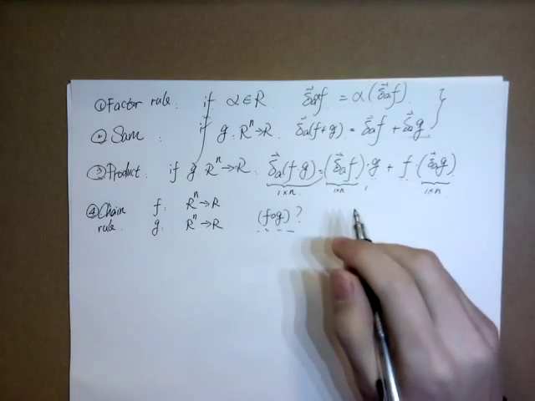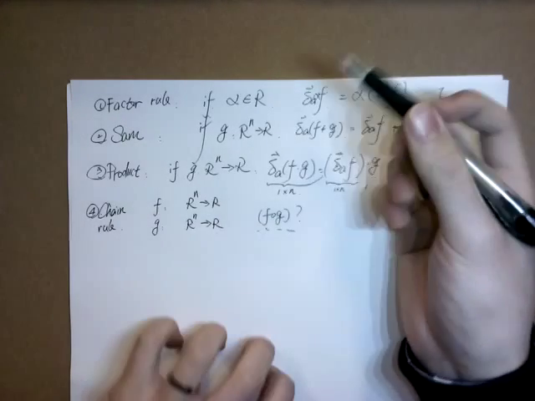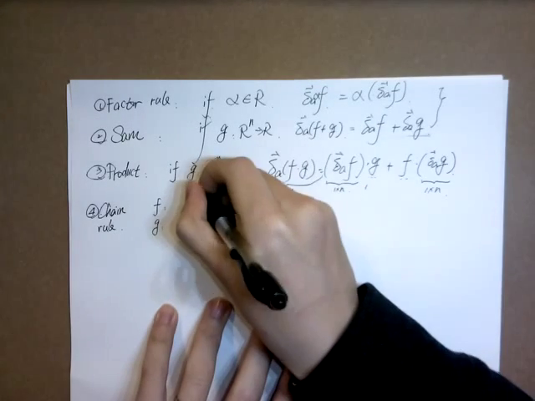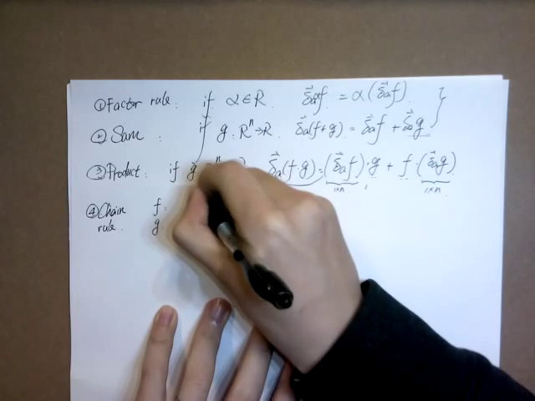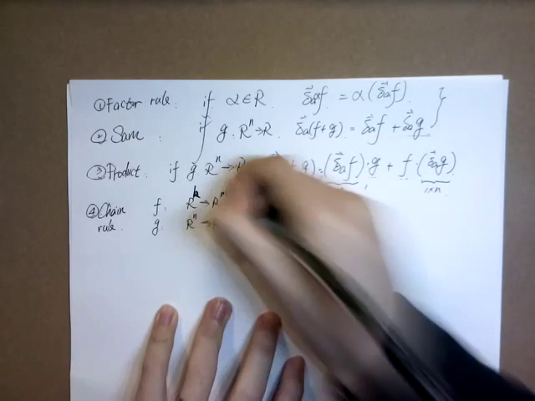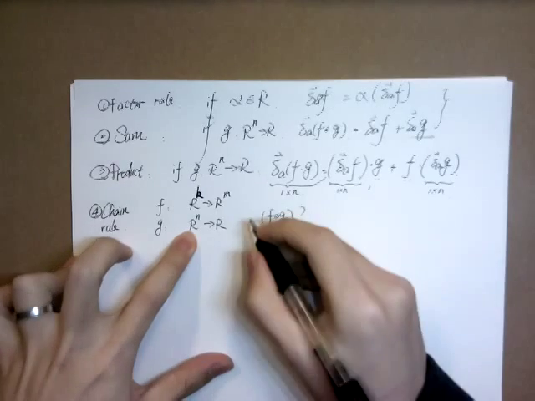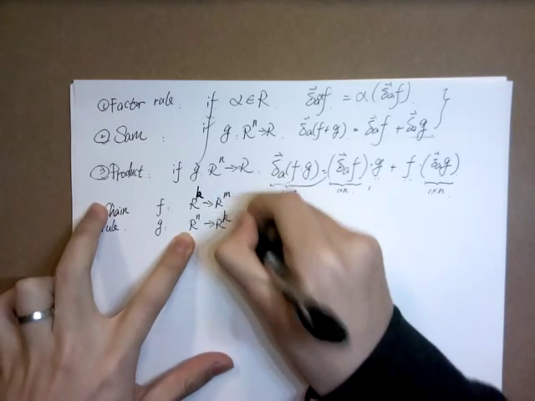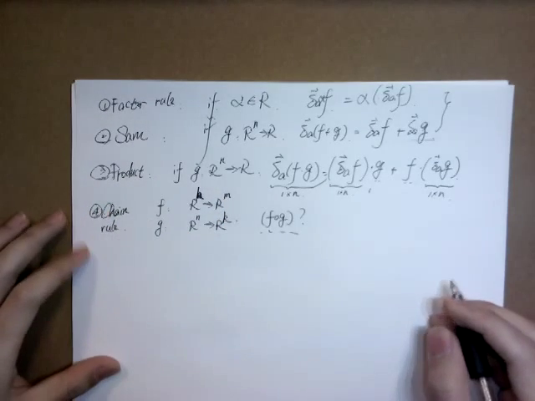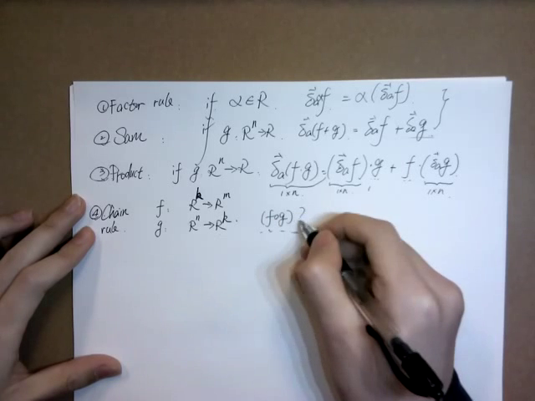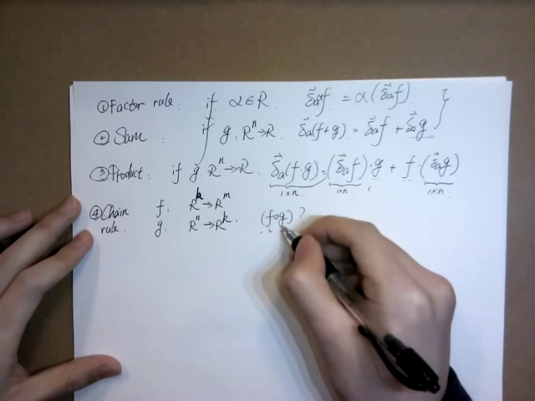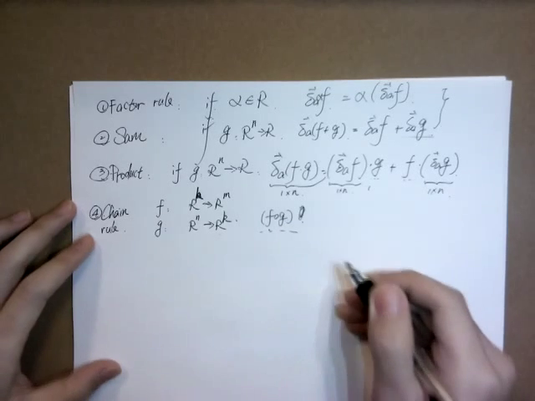So if f is a function that maps from Rk to Rm, and g is another function that maps from Rn to Rk, now the composition of f and g has real meaning.